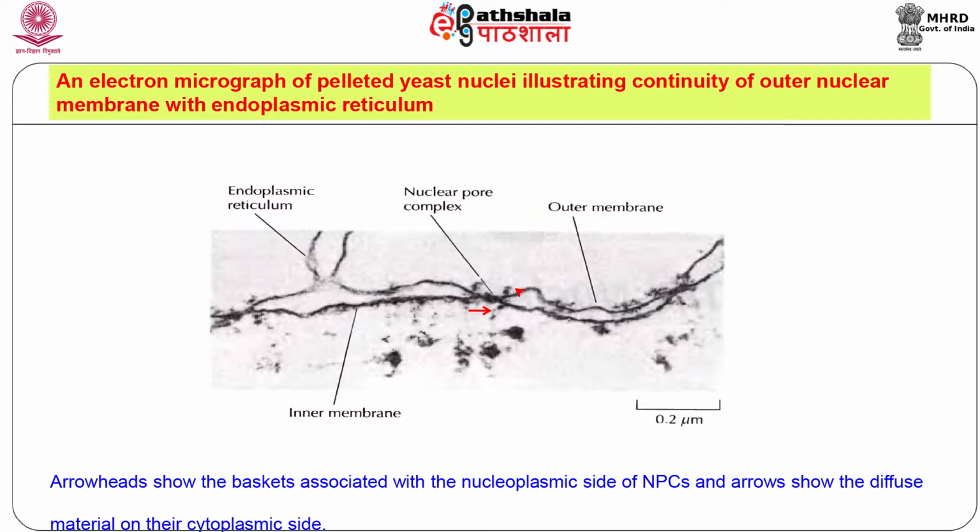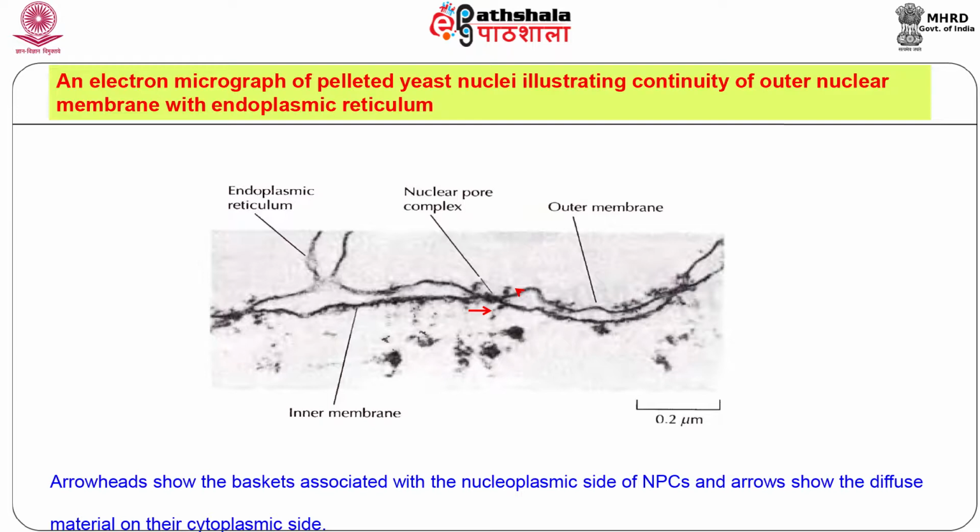Outer and inner nuclear membranes are fused at nuclear pores, so they are considered to be continuous with one another. The outer membrane is also continuous with the membrane of endoplasmic reticulum. In the figure, you can see outer nuclear membrane fused with the endoplasmic reticulum.